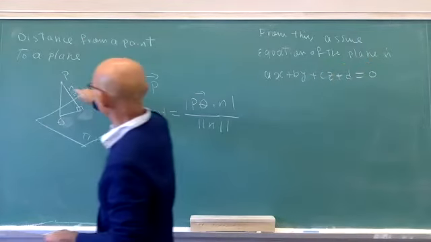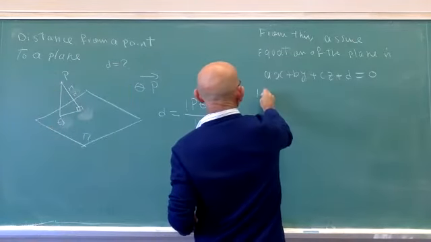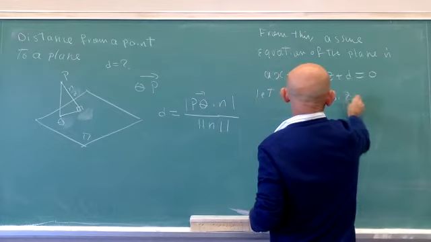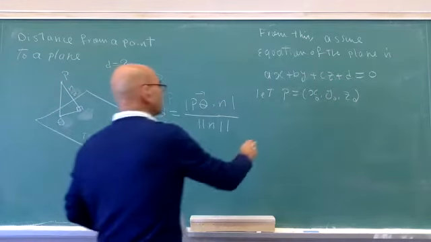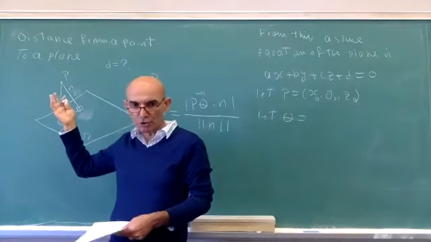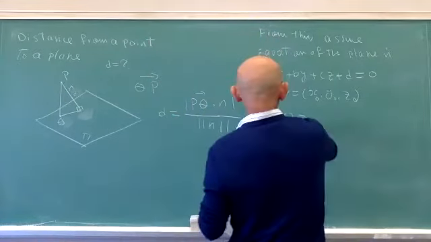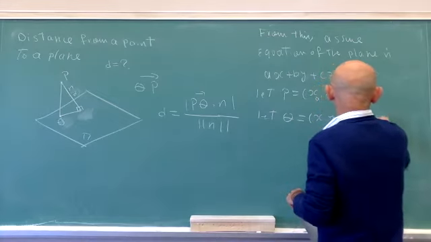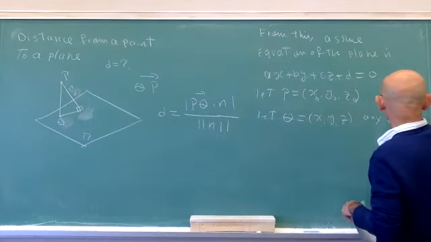And let's assume P has coordinates x0, y0, z0. So let's take this point Q. Q is a kind of generic point on the plane. We can just choose any point that we wish on the plane. So let Q be equal to x, y, z, any point on the plane, as we are allowed to do according to this formula.